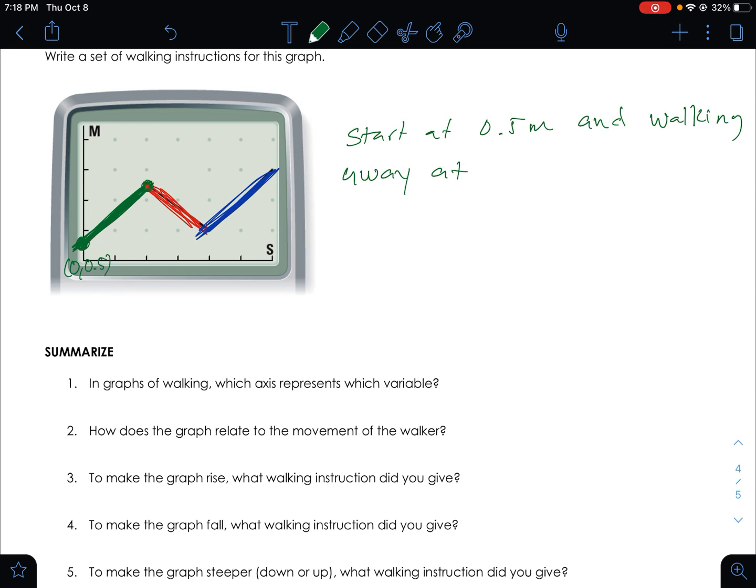And then we end right here where it is 2 seconds and 2.5 meters. So we traveled a total distance of 2 meters. The distance from 0.5 to 2.5 is 2 meters. So 2 meters in 2 seconds. If we simplify that, that would be 1 meter per second. Okay, so walking away at 1 meter per second for 2 seconds.